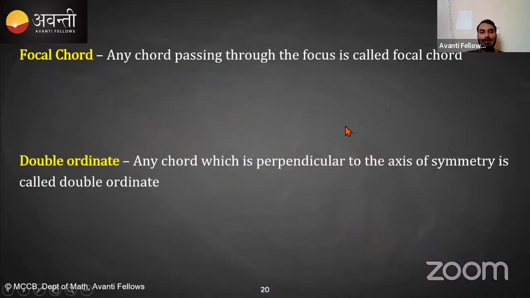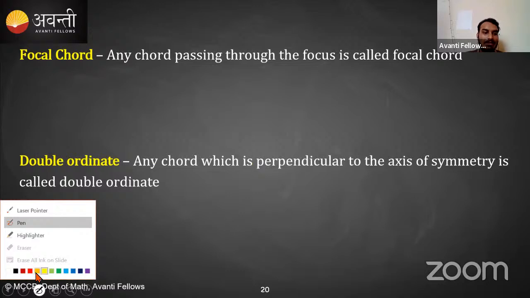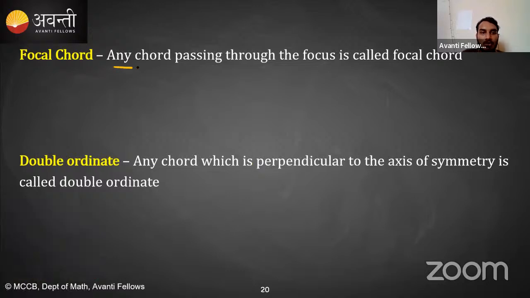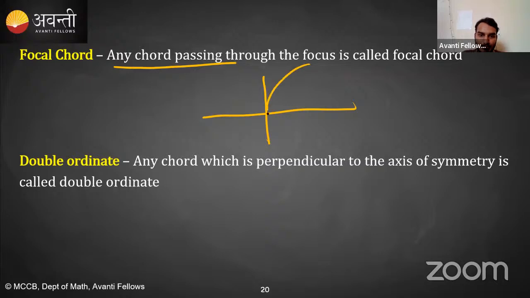Okay, now the second thing is focal chord. What is focal chord? नाम से ही क्लियर हो जाना चाहिए. Any chord which is passing through the focus is known as focal chord. Okay, so let's say this is a parabola and this is a focus (a, 0). So students, many times I will represent focus with the symbol S. So what is focal chord?